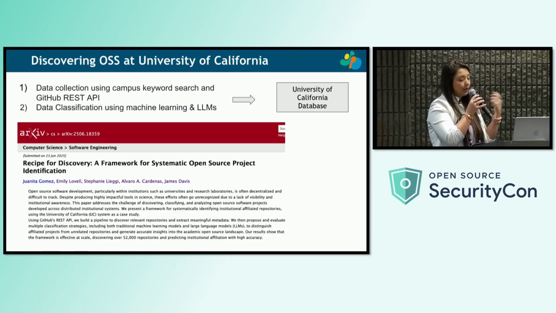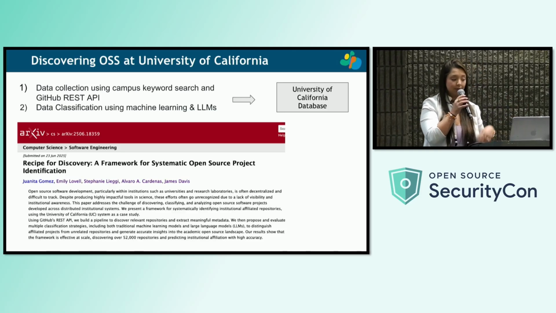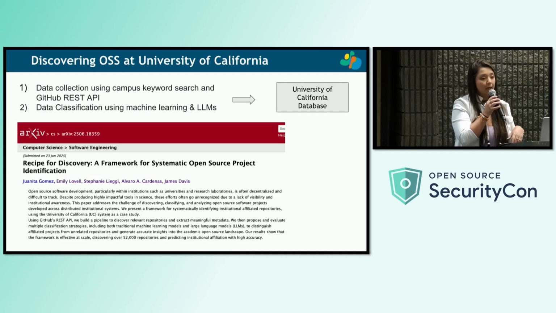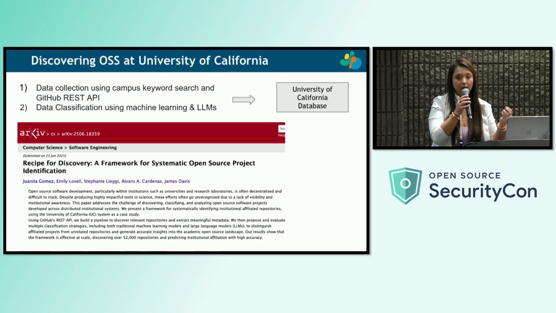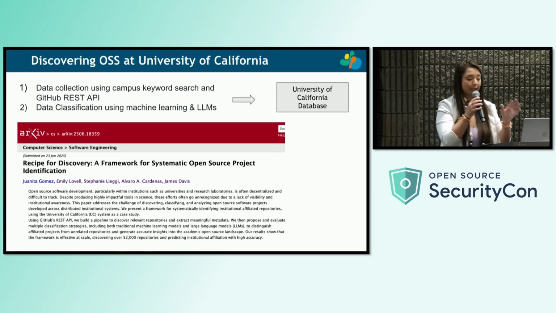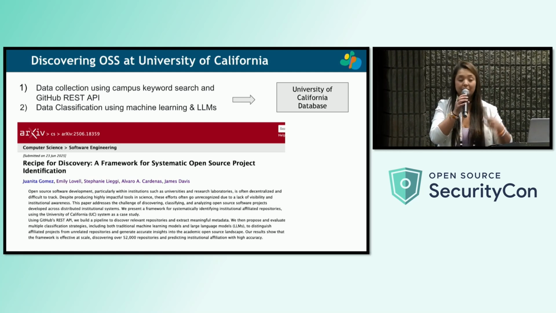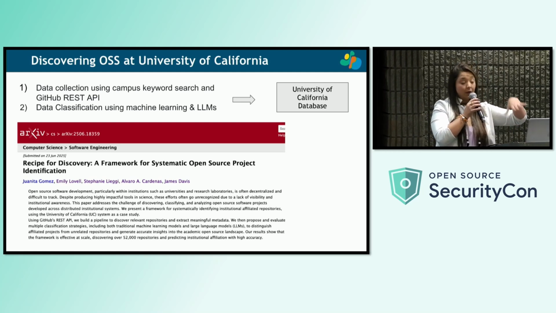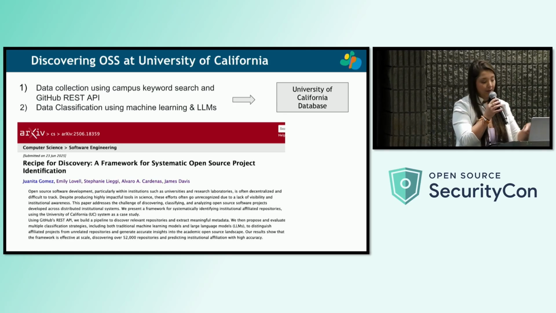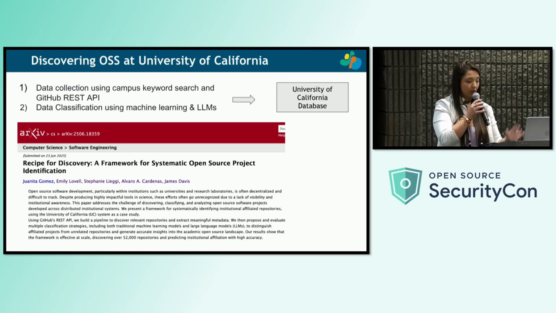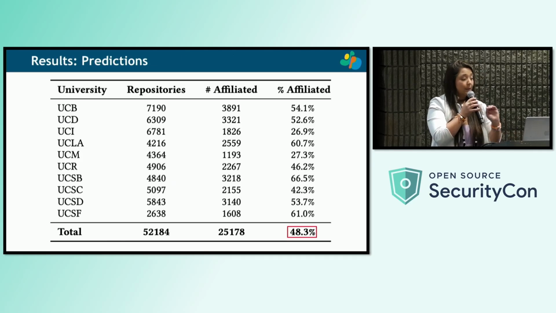So I collected a bunch of data using campus keyword search and GitHub's REST API. And I used some classification models with machine learning and LLMs, of course, to filter some of the noise from the search. So if you want to know a little bit more about how I'm building this database, I have a preprint that is currently in review, but you can check it out online.